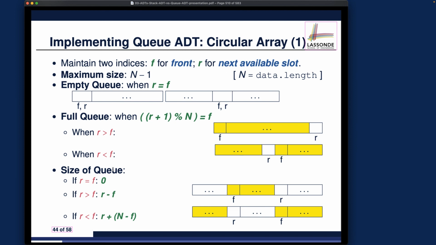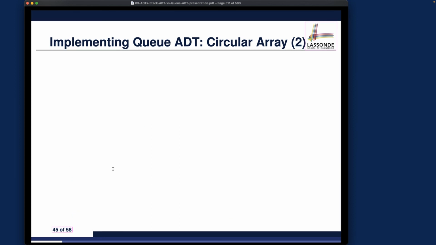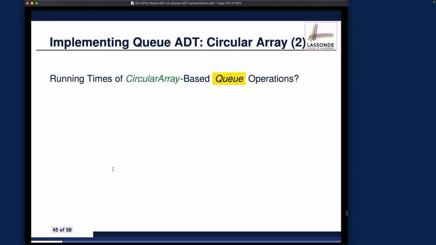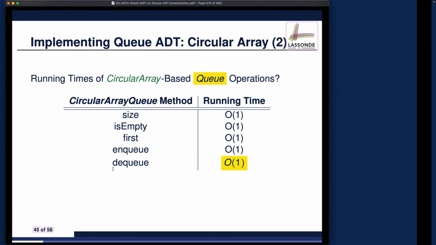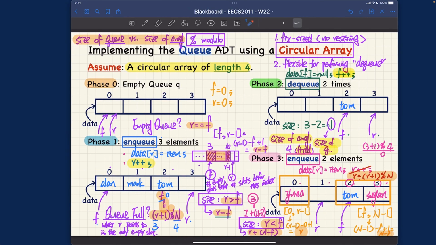Okay. And finally, let me conclude the circular array implementation. Basically, all the operations we did over here only use the modulo operation. For example, the modulo operation over here, and also over here, which is arithmetic, and also to do some reassignments and array indexing.